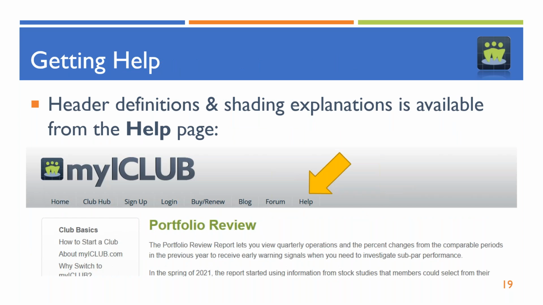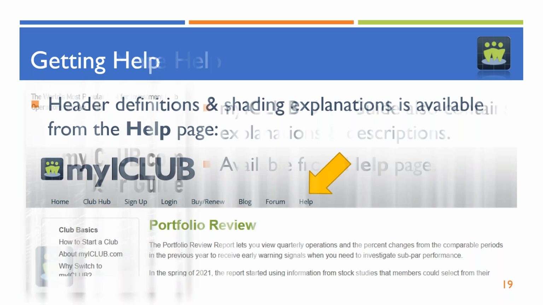Now, also point out the little 4-letter word at the top right of the myICLUB menu that says help. This is where you can click for more information about the report and complete definitions of the columns there. So feel free to click that if you have questions before you reach out to us.